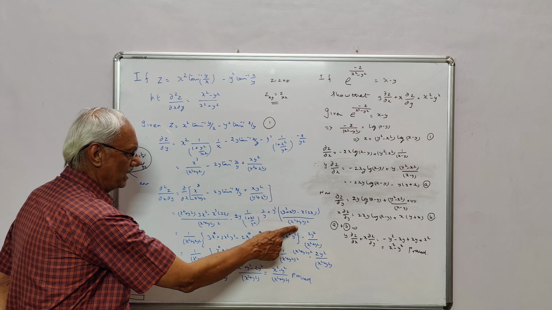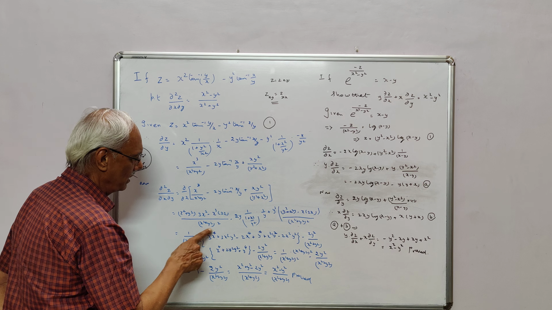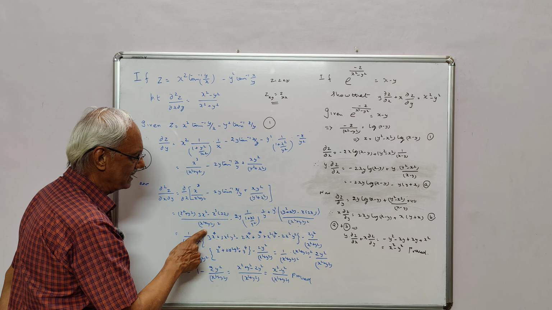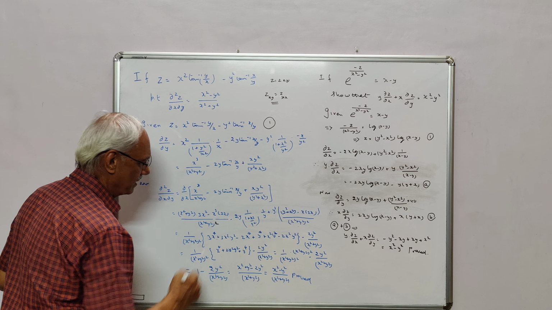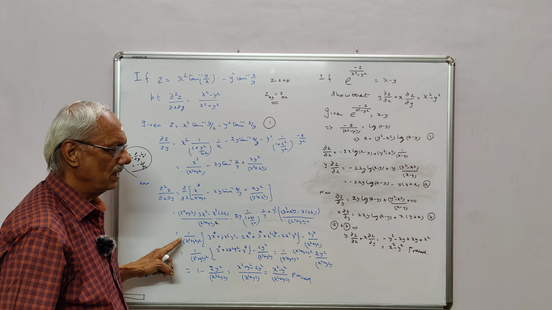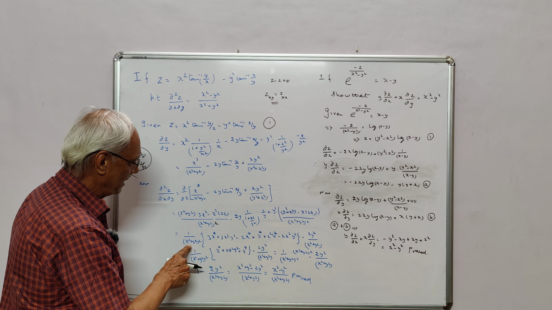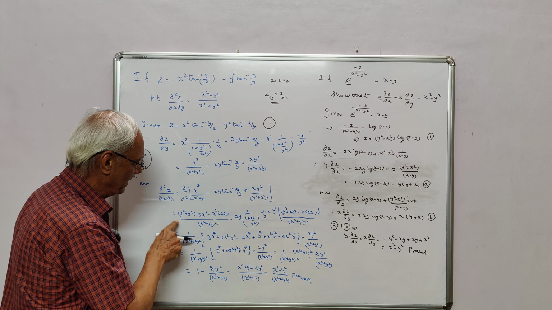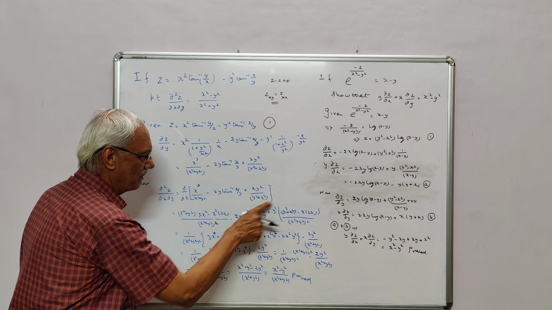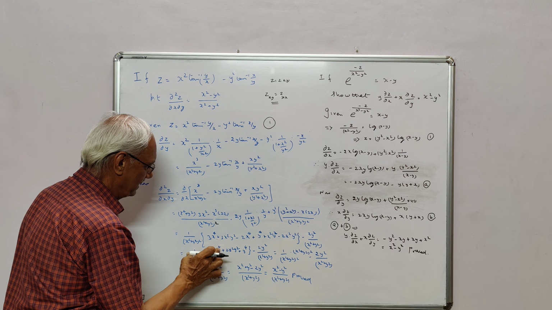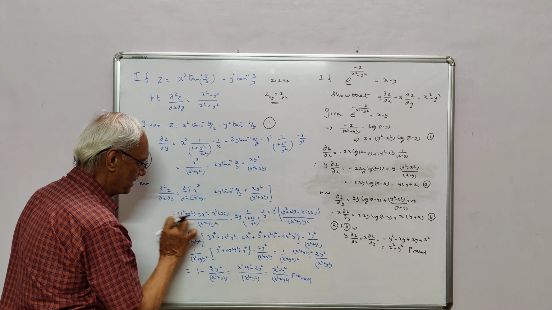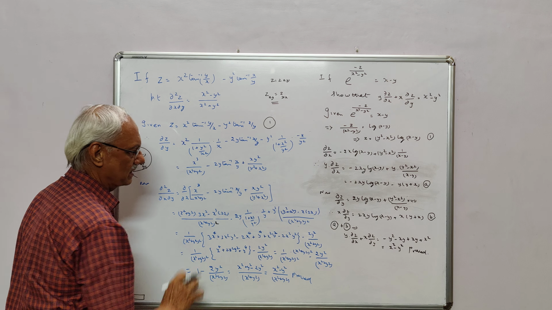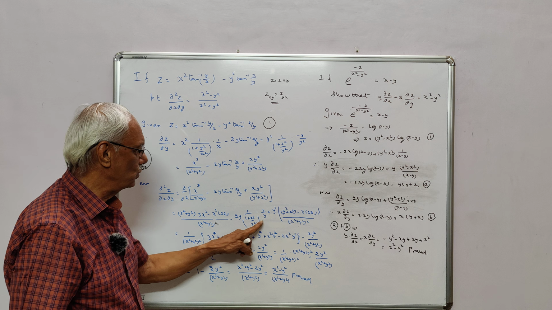You see that x square plus y square for these two, x square plus y square whole square, here I am writing just like this. It is the common term, so I am taking it outside. Rest of them, I multiply everything and keep, and this is 1 by x square plus y square whole square into this plus this minus 2.